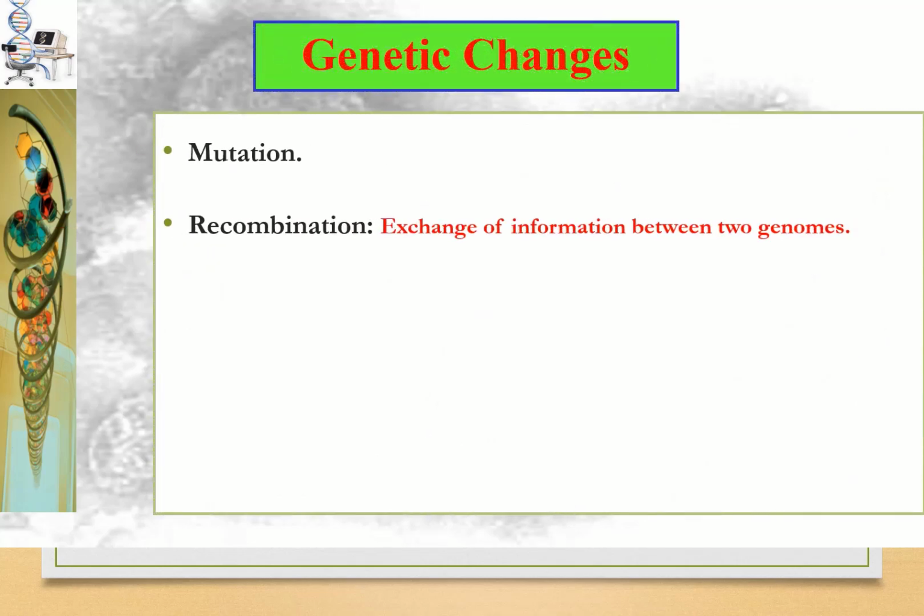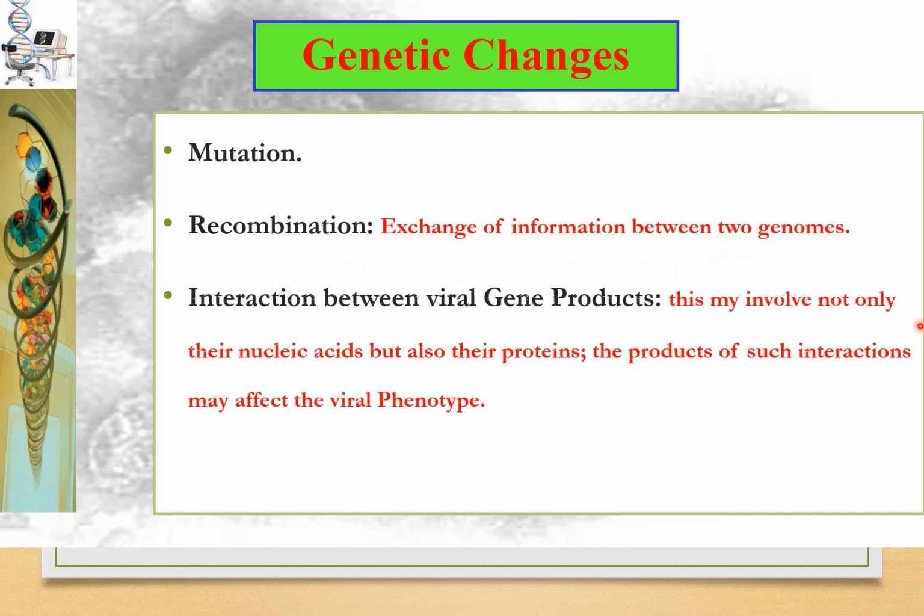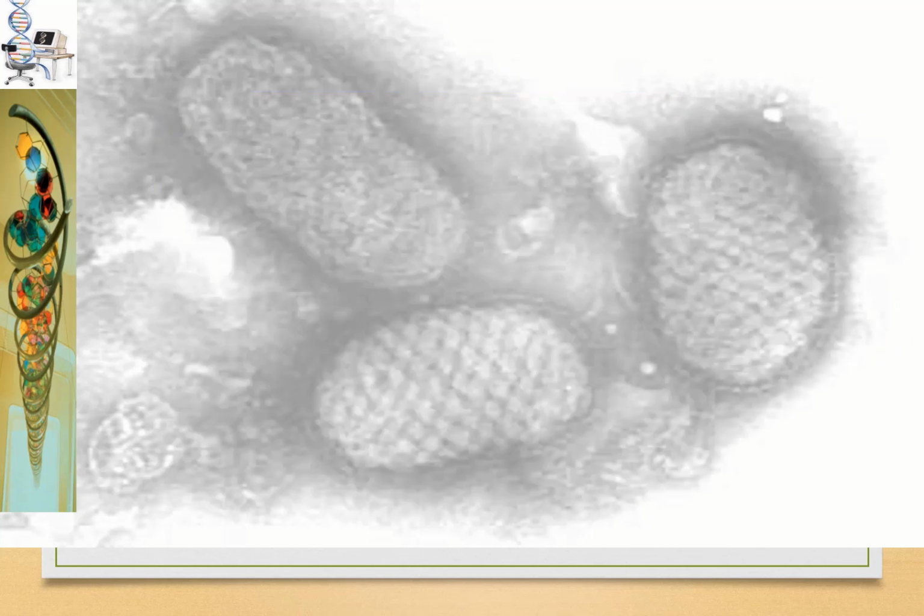Genetic change occurs through processes like mutation, recombination, exchange of information between two genomes, and interaction between viral gene products. This may involve not only the nucleic acid but also the proteins. The products of such interaction may affect the viral genotypes.